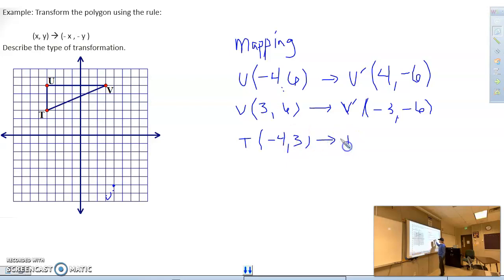So then T prime is going to be at positive 4, negative 3. So for T prime, we're at positive 4, negative 3, which would be right there. And then I never did do U prime. So U prime is at 4, negative 6. No, I did that one. I didn't do the V. So 3 and then down 6 is V.